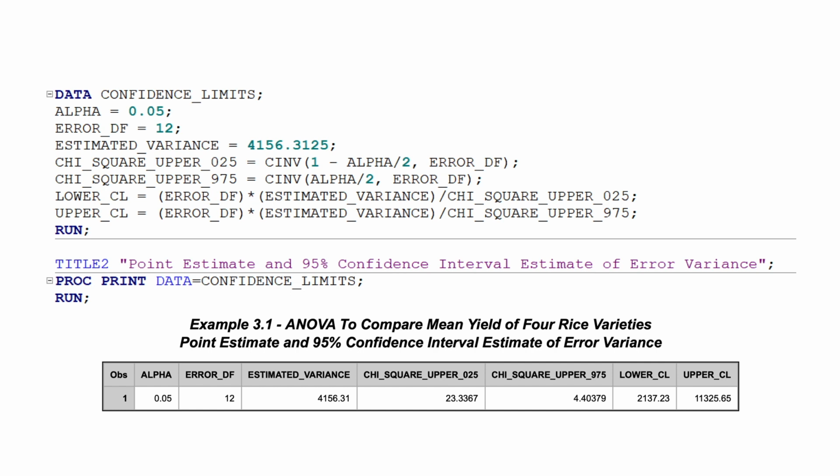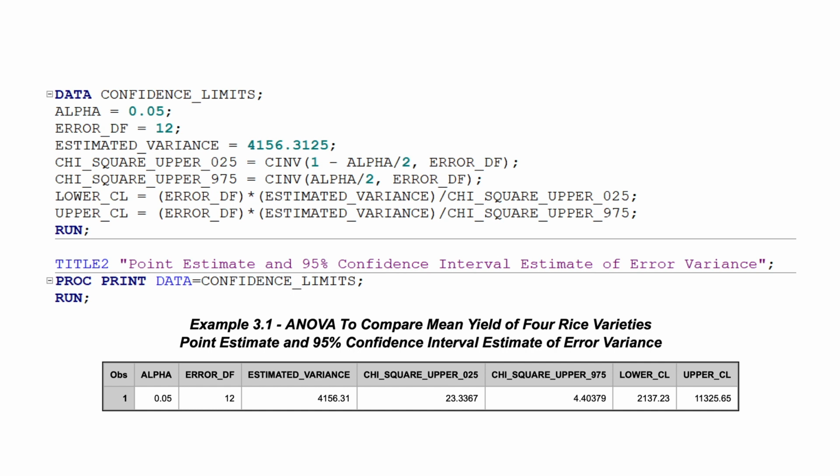So 1 minus alpha times 100% would be 95%. I'm hand entering the number of error degrees of freedom into this data step. I'm calling that variable error degrees of freedom. I've also copied the value of sigma hat squared, the estimate of sigma squared, from the ANOVA table. That is the estimate of the error variance, and it's equal to 4156.3125. That is the MSE, the mean squared error, from the ANOVA table.